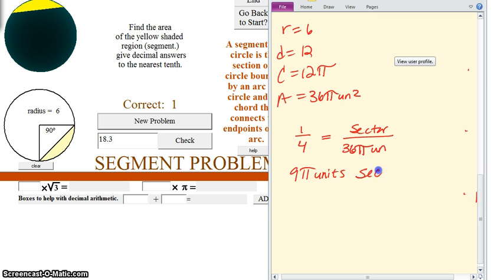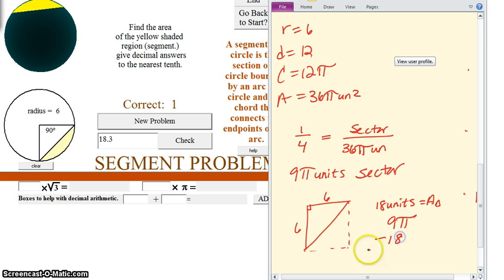So 9 pi units is the area of the sector. I have a right triangle, that's handy because the base is the same as the height, so 36 is the area of the related rectangle, or in this case square. So 18 units is the area of the triangle. Area of the sector minus the area of the triangle.